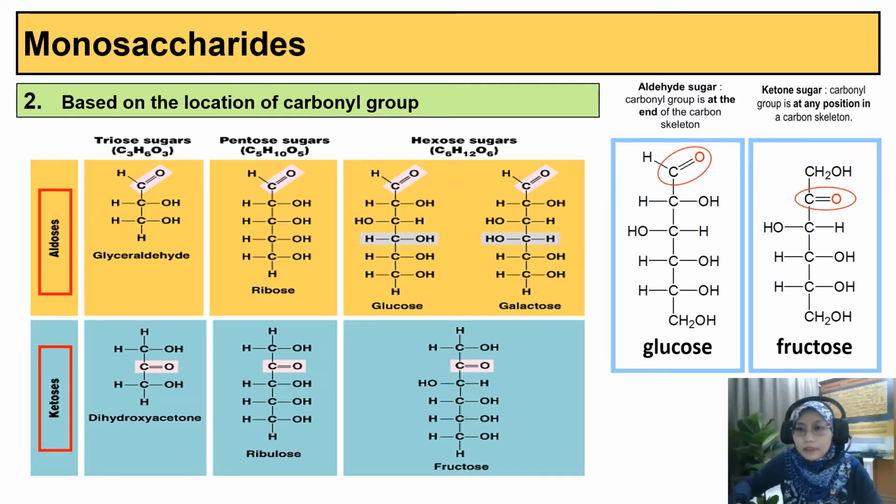So the carbonyl group is located at carbon number 2. So the example of aldose sugar is glyceraldehyde, ribose, glucose, and galactose. And the example of ketose sugar are dihydroxyacetone, ribulose, and fructose.